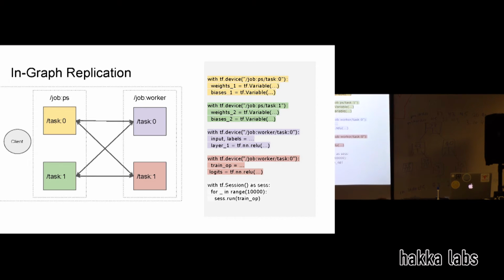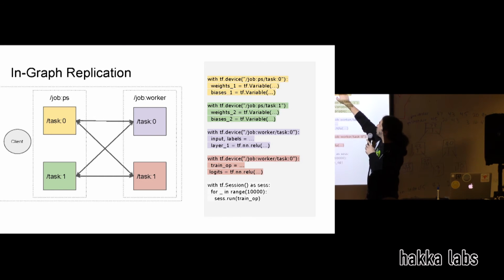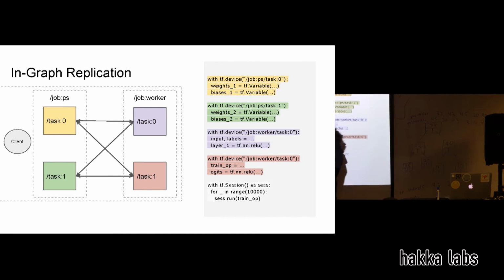We have a job, parameter server, with two tasks, task 0 and task 1, and we have one job that is worker, and we have two tasks. With this syntax, with tf.device /job:ps/task:0, we are saying that these weights and these biases will be handled on this node. So every update will be sent to this node.